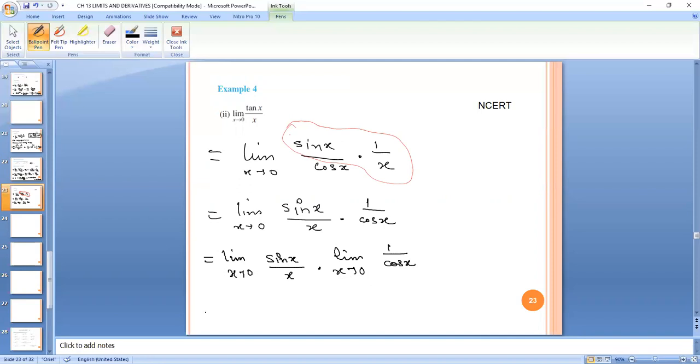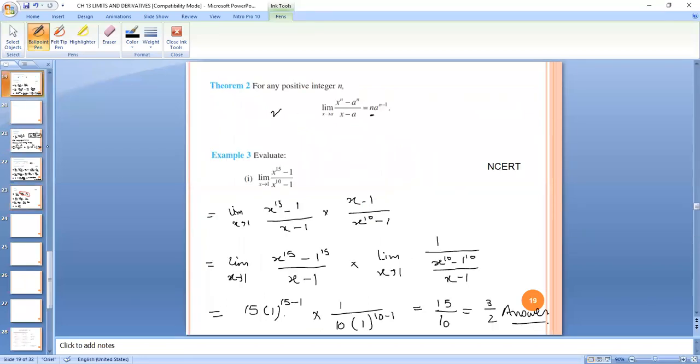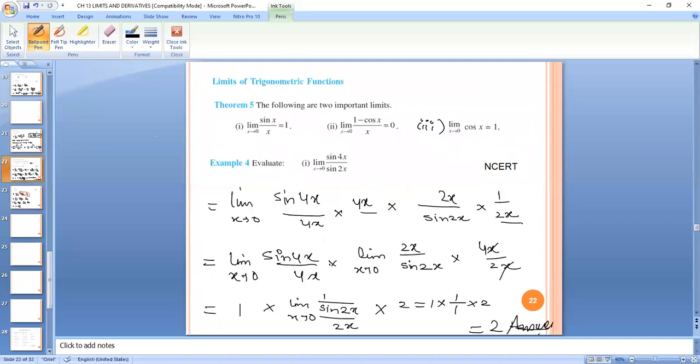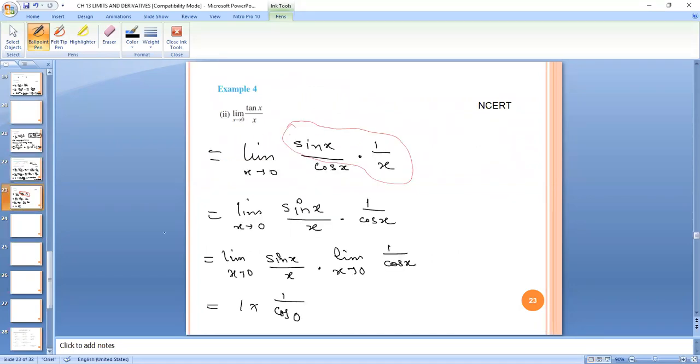Right? Now, sin x upon x, limit x tending to 0, we know is 1. Also, limit x tending to 0, you can write cos 0, and we also know by the formula that limit x tending to 0, cos x is equal to 1. You can apply this formula, or you can apply the direct limit.